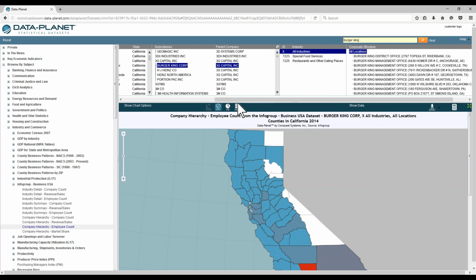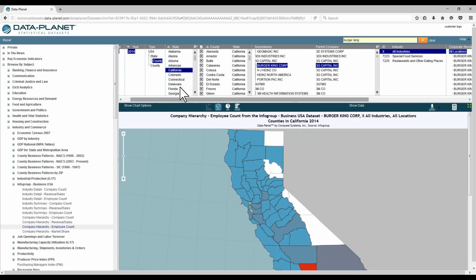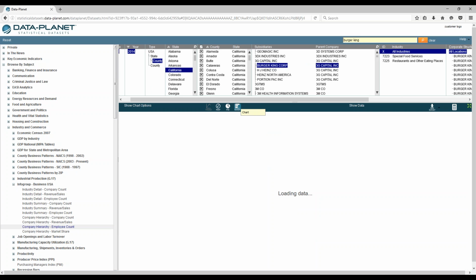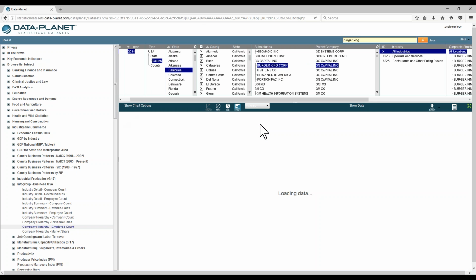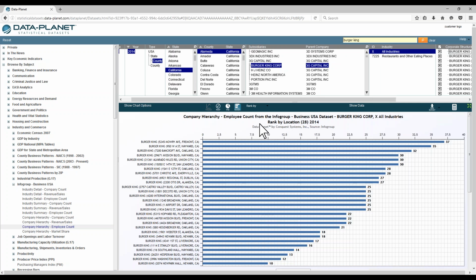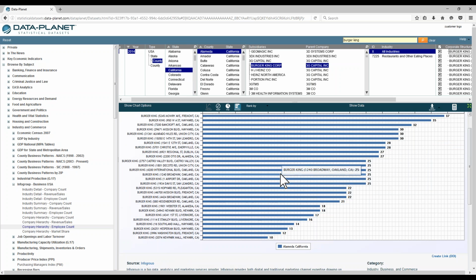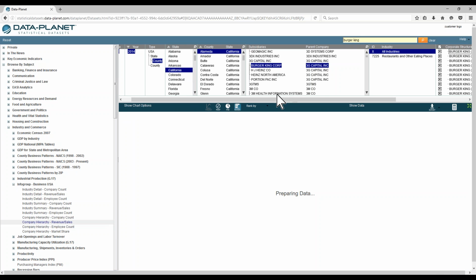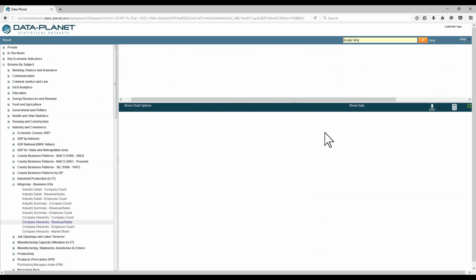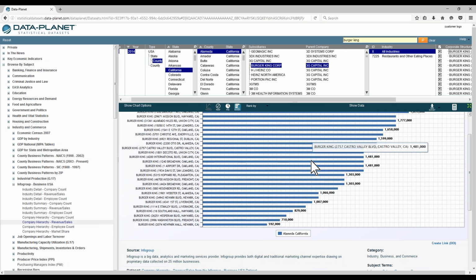So if I wanted to see in California, and I wanted to rank and look at it by location, so in Alameda County, here are all of the locations. Here is the revenue that they generate.